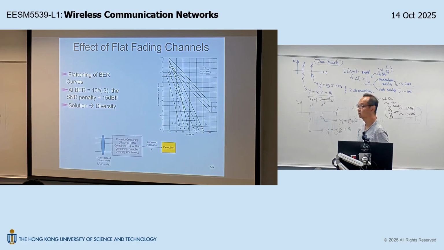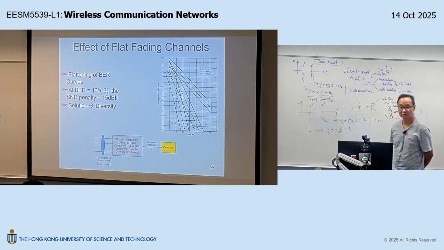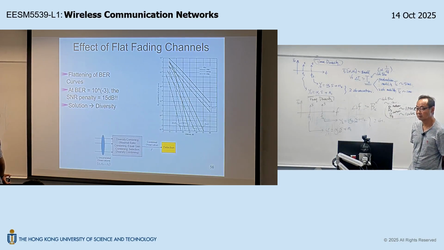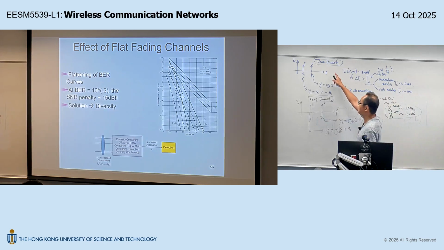Is it free? Now just think about this. If you do not need to worry about diversity, you just need to use the channel one time to send one symbol, right? Let's say this is a BPSK symbol. But now with this design, to send one symbol, you need to use the channel two times, right?